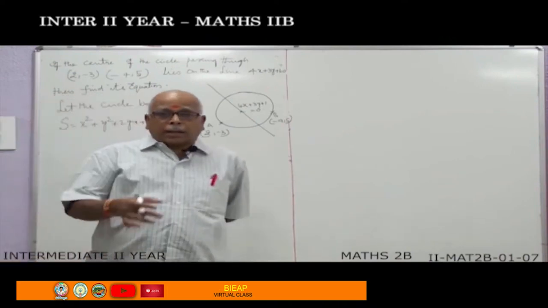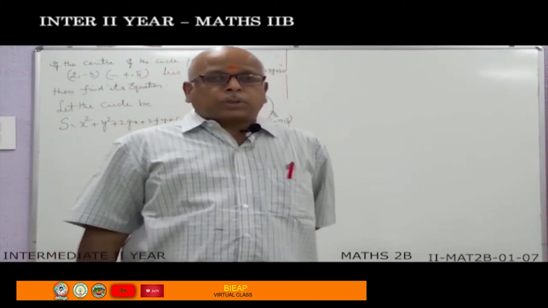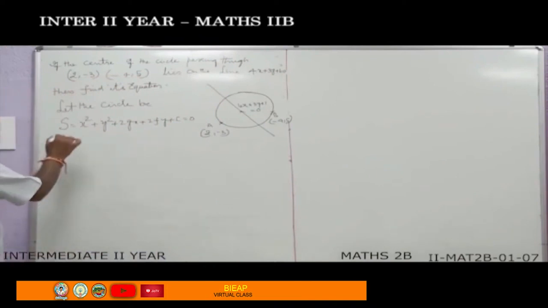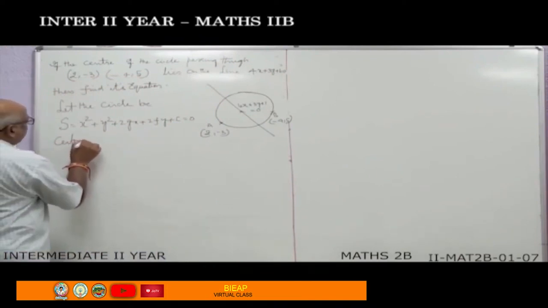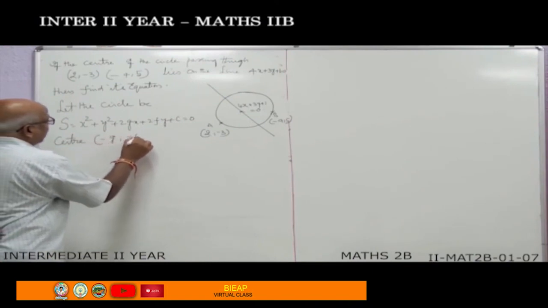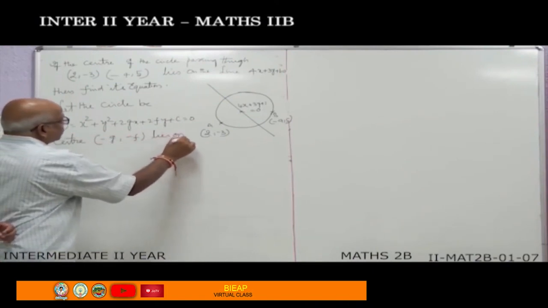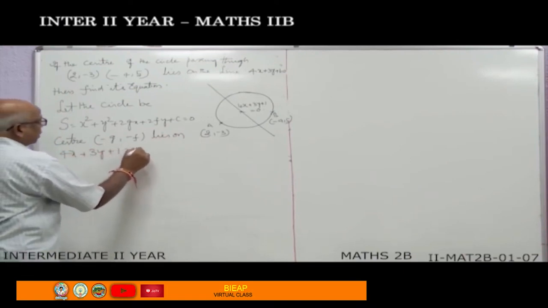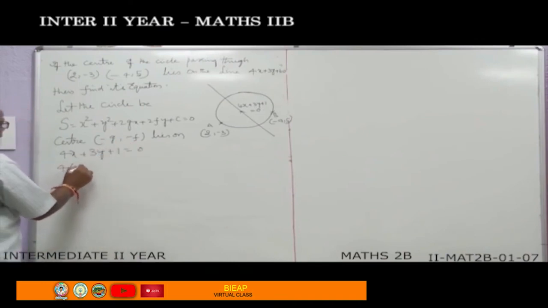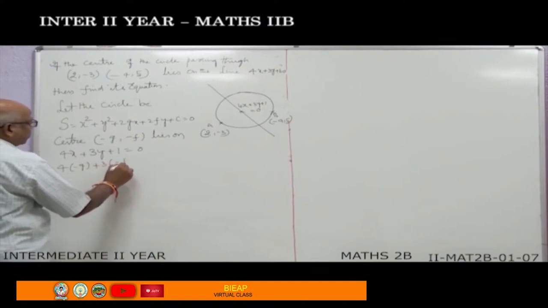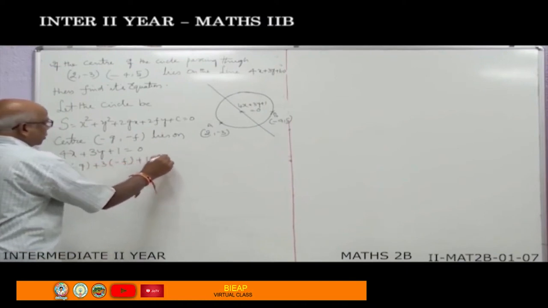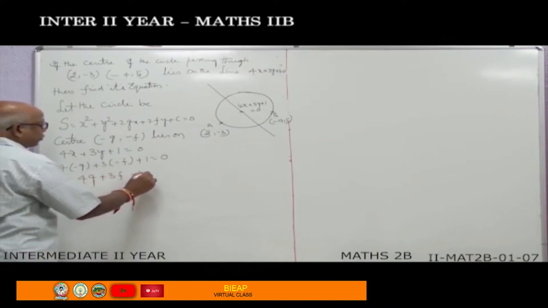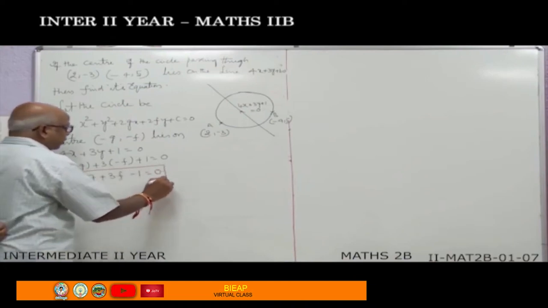Its center (-g, -f) lies on 4x plus 3y plus 1 equal to 0. 4 into minus g, 3 into minus f, plus 1 equal to 0. 4g plus 3f minus 1 equal to 0.